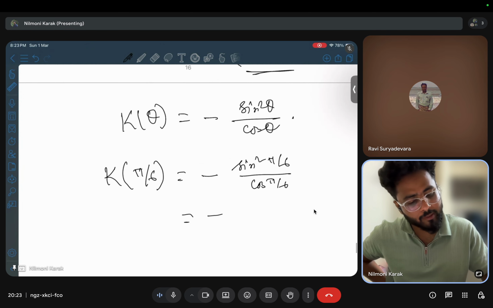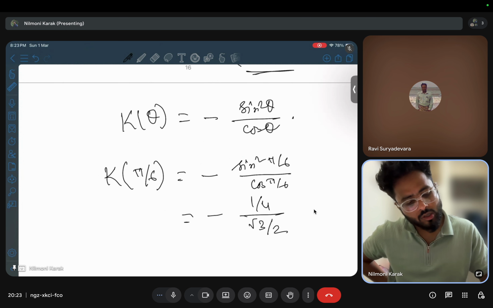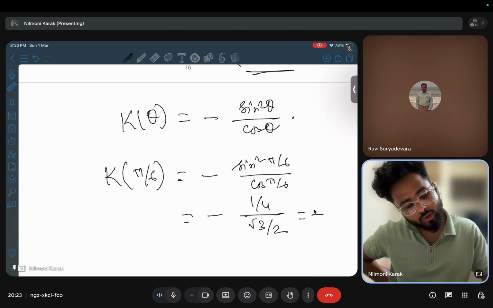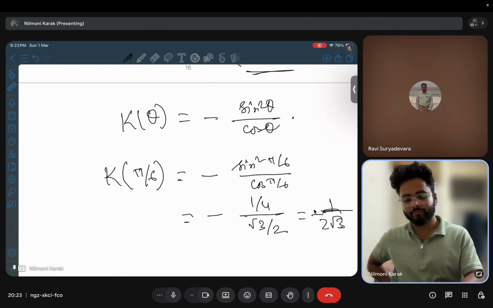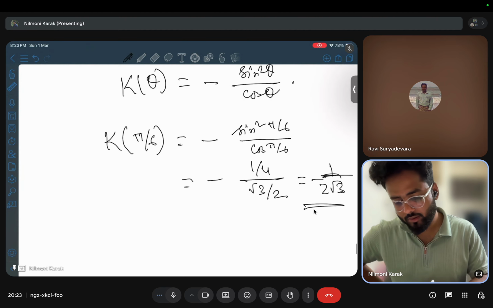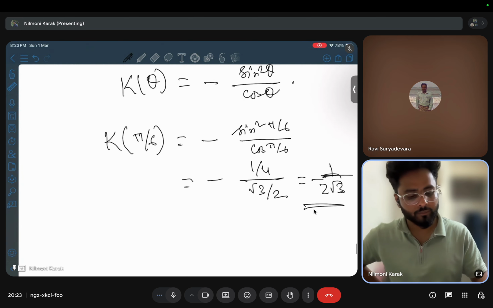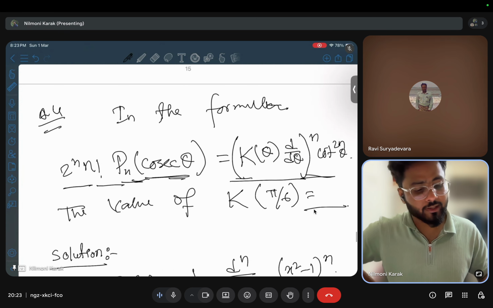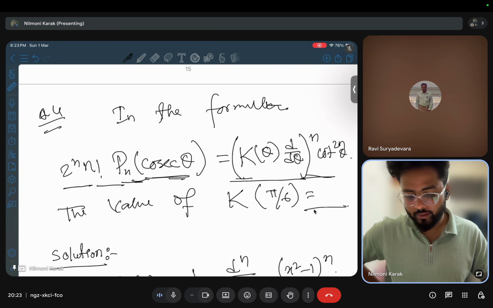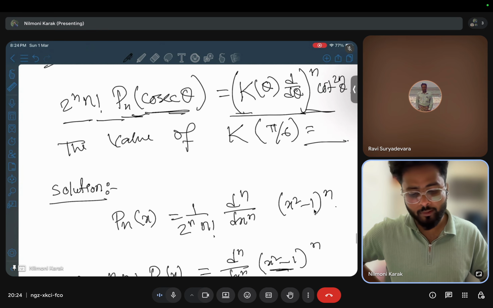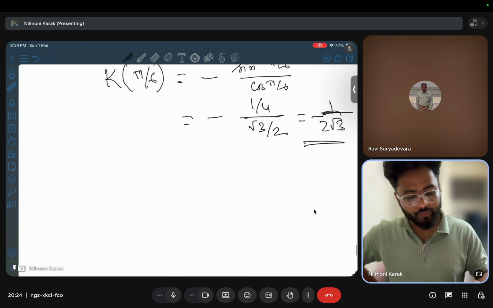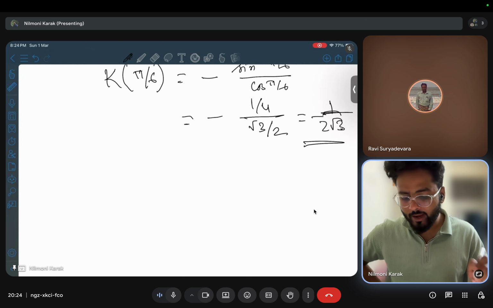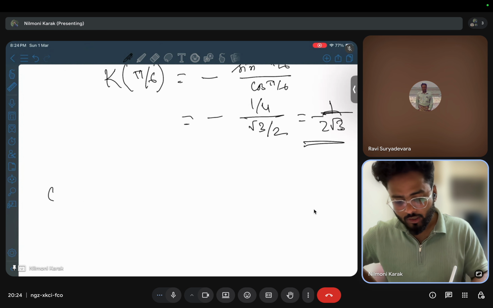Sine square pi by 6 is 1 by 4, and cos pi by 6 is root 3 by 2, and this is basically minus 1 by 2 root 3. Correct? This is the answer. There is a similar problem in the assignment. You can check, I think it will help you to solve the assignment problems.